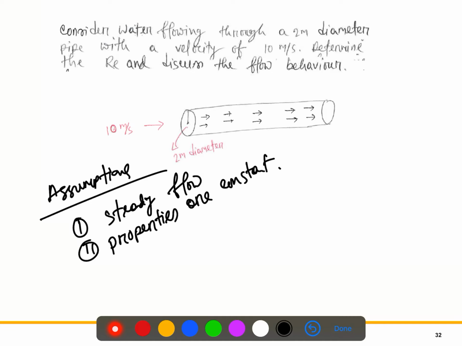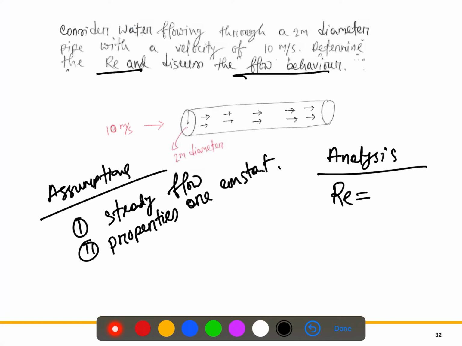So we know, if we want to discuss the flow pattern, then we must calculate the Reynolds number. When we start with the analysis, we know the Reynolds number definition.